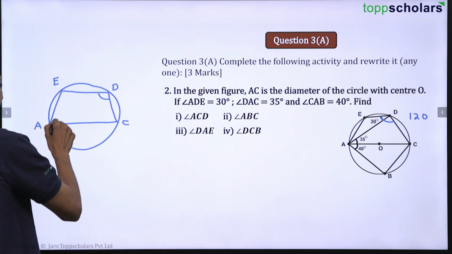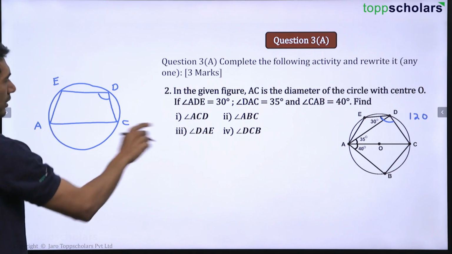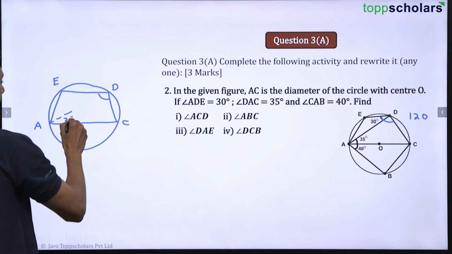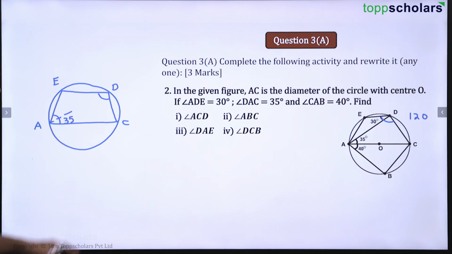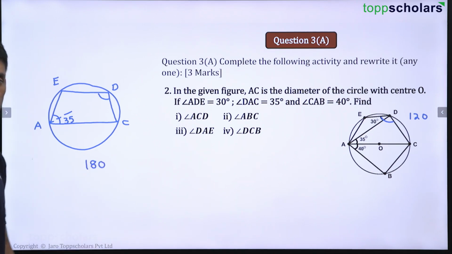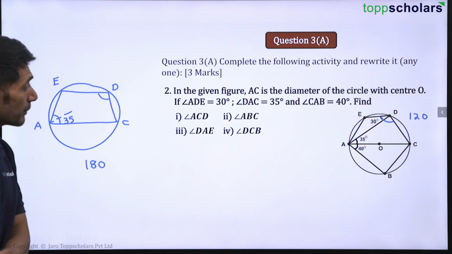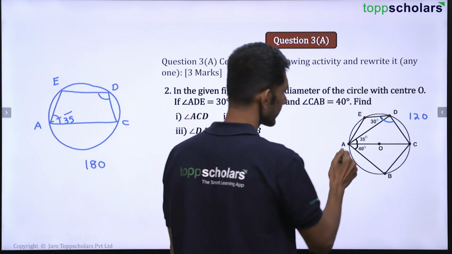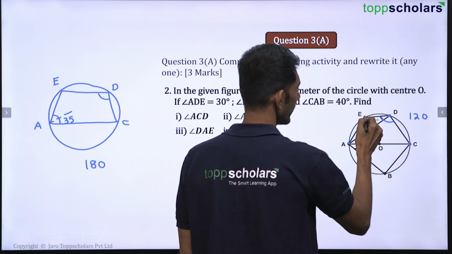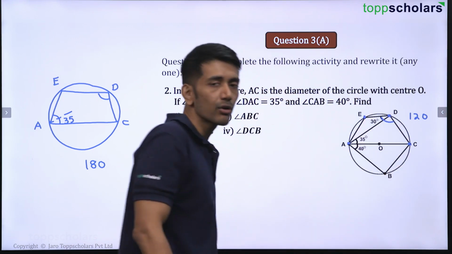And here the angle is getting broken into two pieces. If you see, here is 35 and here is something. But can I say the sum of these two angles is 180? Because we know that opposite angles of a cyclic quadrilateral are supplementary. That's a cyclic quadrilateral, isn't it? A, C, D, E, all the 4 points on the circle.